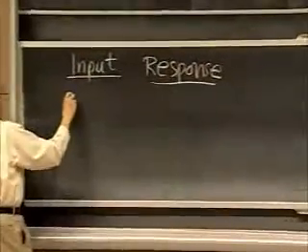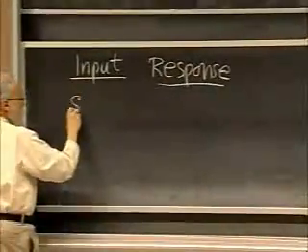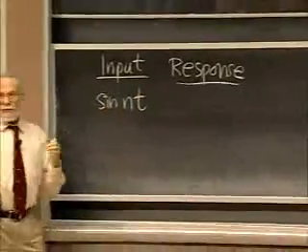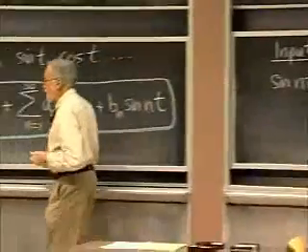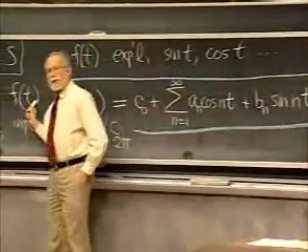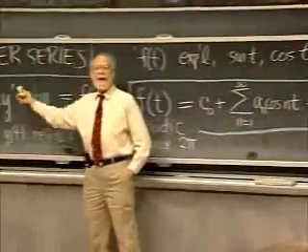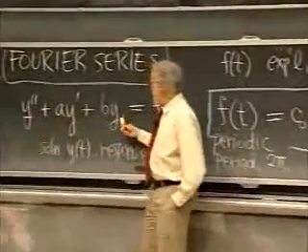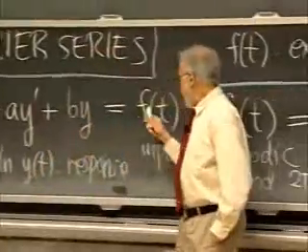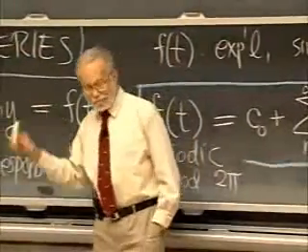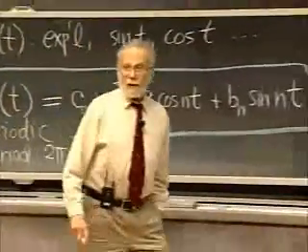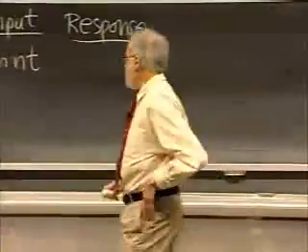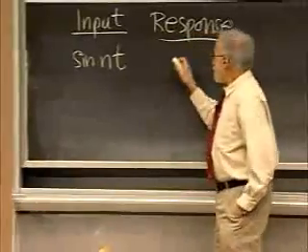Suppose the input is the function sine nt. In other words, if you just solve the problem, you know how you put a sine nt here, you know how to get the answer, find a particular solution, in other words. In fact, you do it by converting this to a complex exponential and then getting the, the rigmarole we've been going through. So let's call the response something.